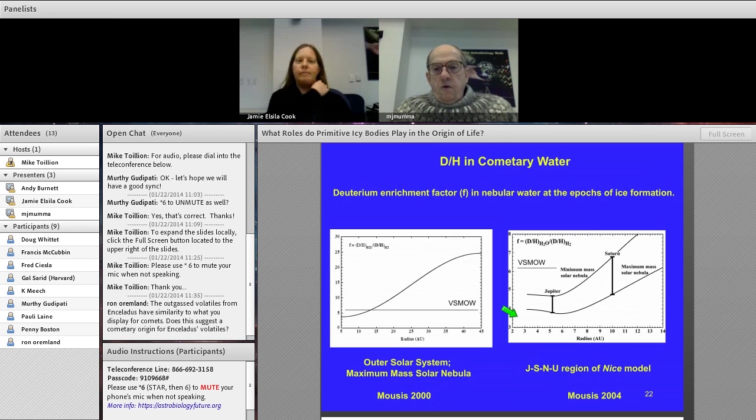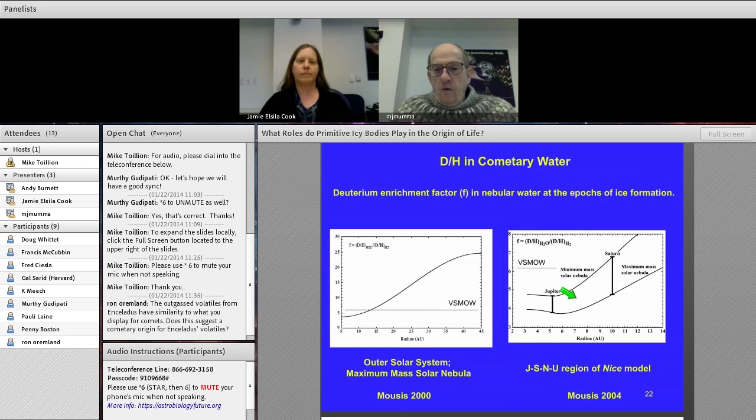Now let's just touch on hydrogen and the D to H ratio, because this is a key metric for many studies, not just for cometary ices and so on. This is work done by Olivier Mousis, and on the right panel it's showing the D to H ratio as a function of distance from the young sun, and this already incorporated something like 5 to 14 AU, which was the region for the giant planets at the beginning of the Nice model, dynamical simulation.